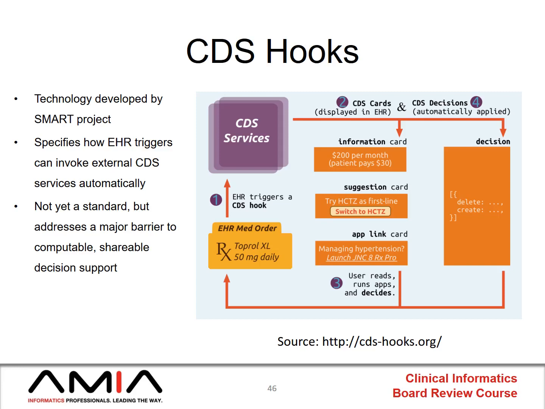A suggestion card saying, for example, that maybe you should try a thiazide as a first line instead of this Toprol. And maybe an app link card, where it knows that there's a SMART app that I want to launch to explore this topic of managing hypertension in more detail. And then the user can read it, can run the app, can acknowledge the information, and then decide.